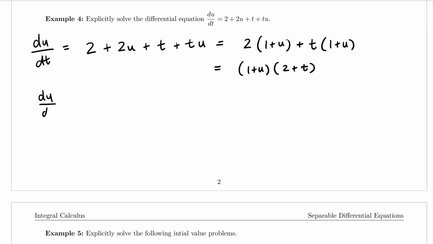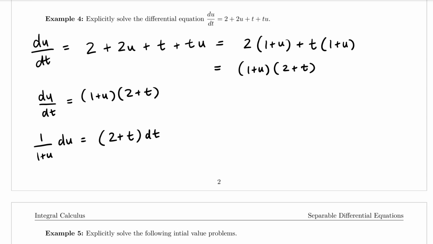So I have du dt is equal to 1 plus u times 2 plus t. And I'm going to divide both sides by 1 plus u. So I'm going to get 1 over 1 plus u du. And then I'm going to move the dt to the other side. So I have 2 plus t dt.